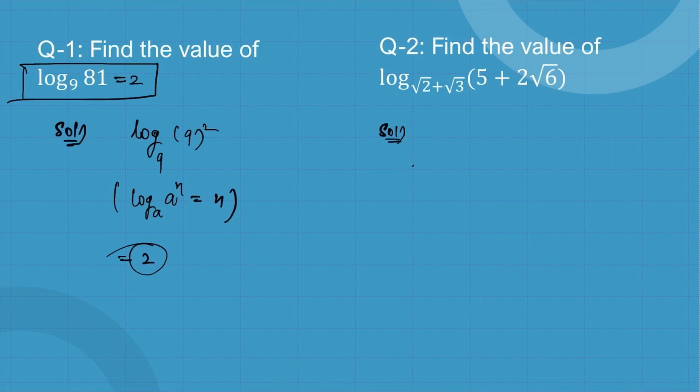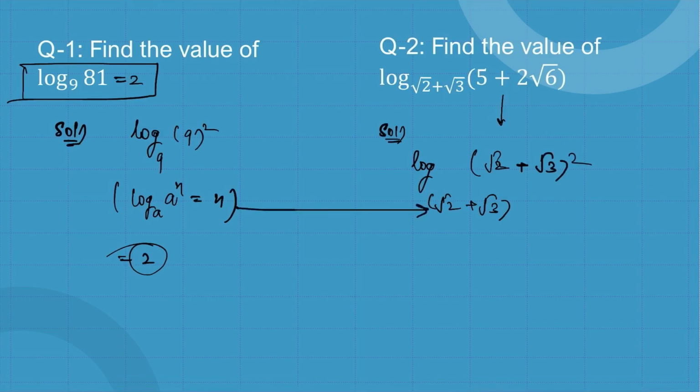We should know that 5 plus 2 root 6 can be written in the form of (root 2 plus root 3) whole squared. So by the same property we can apply, and we find that it will be equal to 2. So it is very easy to apply the result of logarithm. We can solve such types of problems.